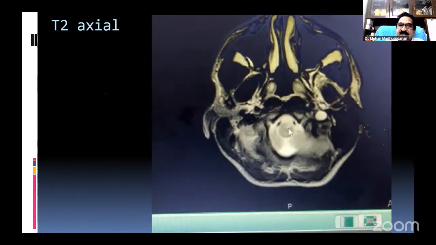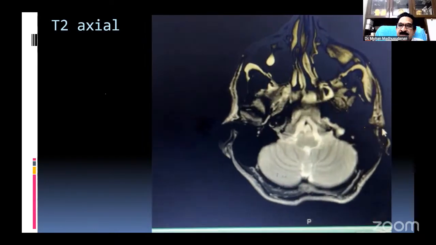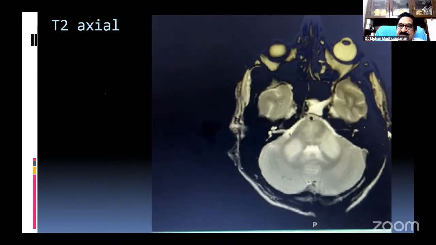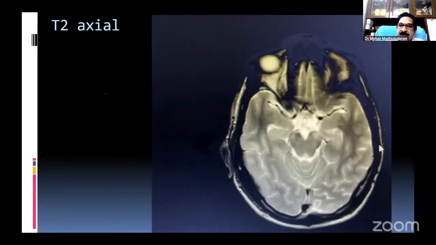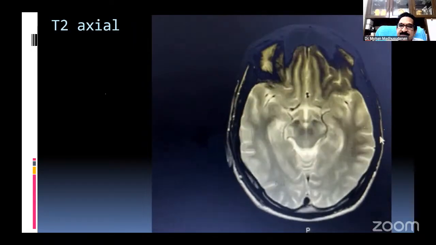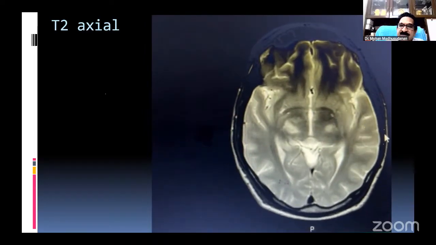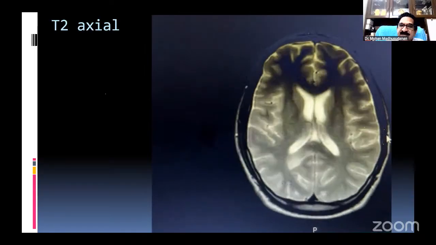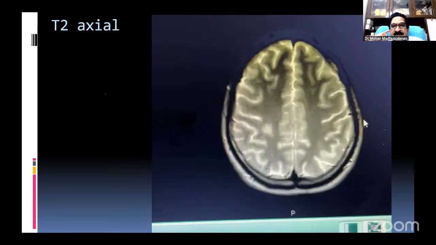Significant hyperintensity can be seen in the anterior part of the medulla bilaterally, but the pyramids are affected. Both MCP are affected. Mid part of the pons is affected. The crus cerebri is affected in the midbrain. Again, crus cerebri. Bilateral lateral thalamus. Bilateral internal capsule, more on the right side. And subcortical white matter.